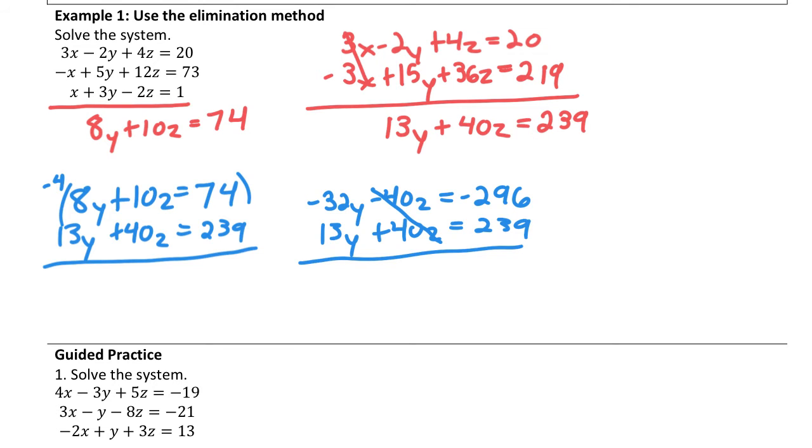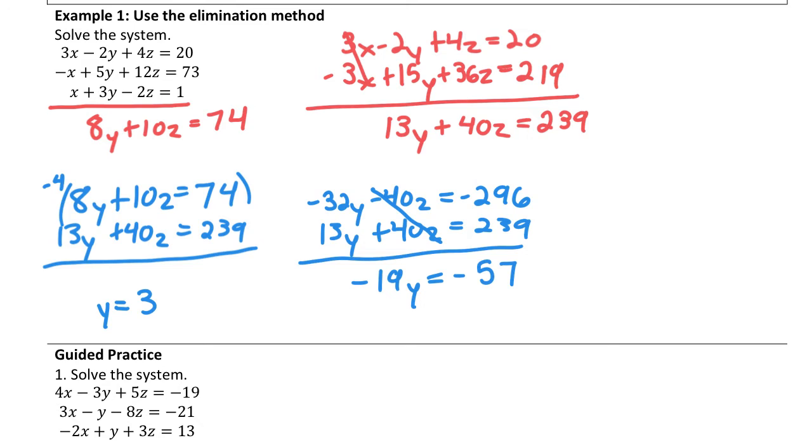And then negative 32 plus 13 is going to be negative 19y. And then negative 296 plus 239 is going to be negative 57. Divide both sides by negative 19. I get y is 3. So that's a lot of work just to get y.